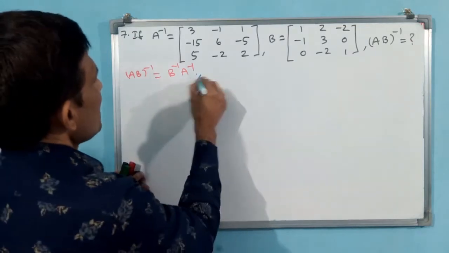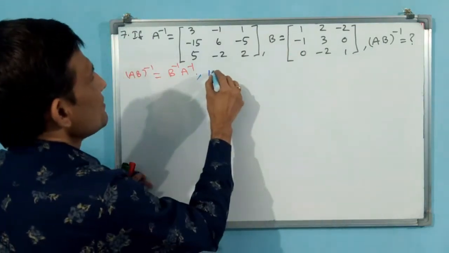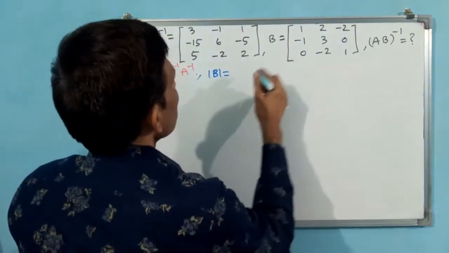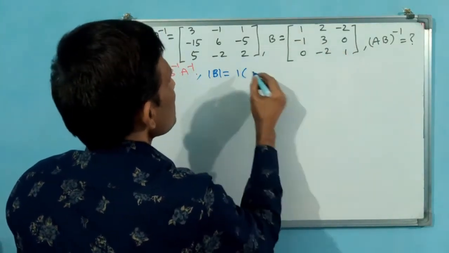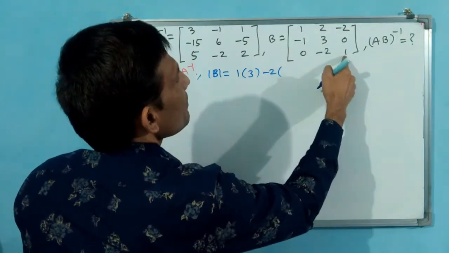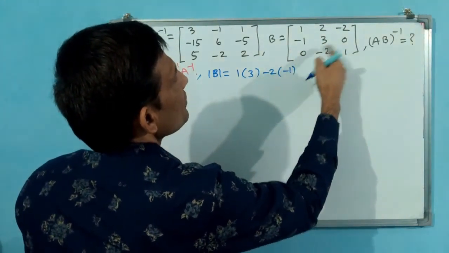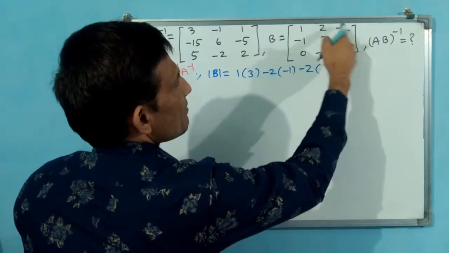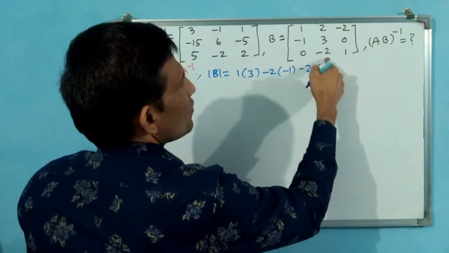Okay, now see I am putting comma and I am finding B determinant, because minors also we require. Okay, you see plus 1 into 3 minus 0, that means 3. Okay, minus 2 into minus 1, that's all, 0. Okay, then minus 2 into, actually plus but minus is there, minus 2 into 2 minus 0.